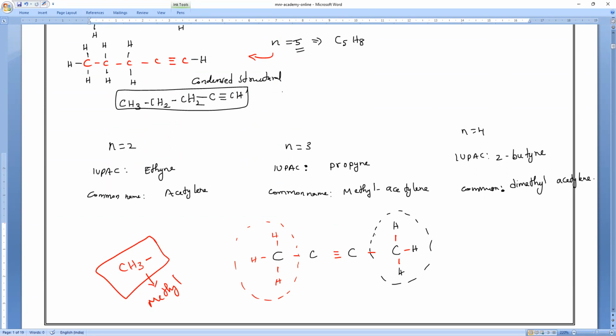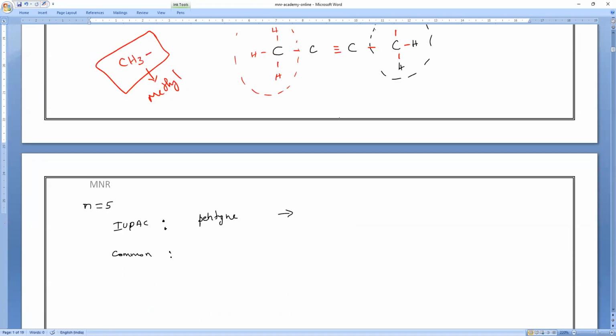The common name, please remember, there is a small change. The common name you have written is not for pentane, it is for pent-2-yne. For 2-pentyne, the common name is, Hari, what is the name you have written? Ethyl methyl acetylene. So this is the common name for 2-pentyne. Please note it.